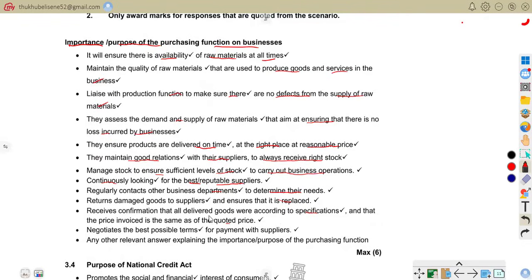So that is the purpose of this function, because they confirm that all delivered goods are according to the specifications and that the price invoiced is the same as the quoted price. They negotiate the best possible terms for payment with suppliers. So that is that.